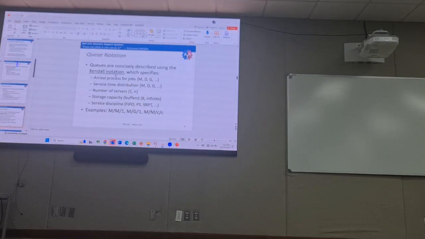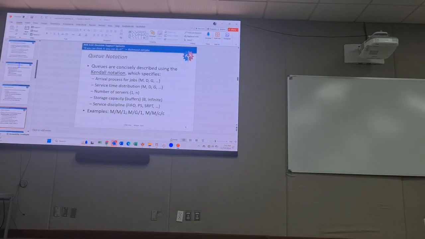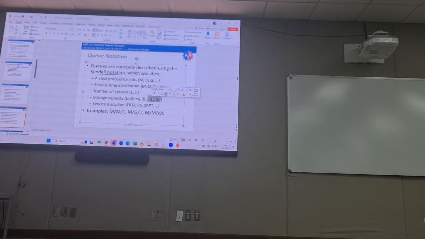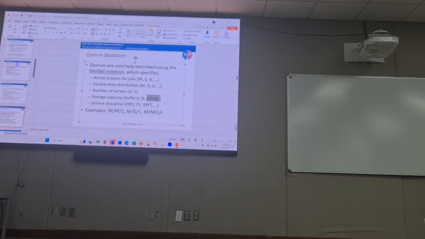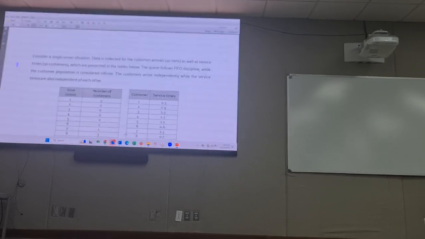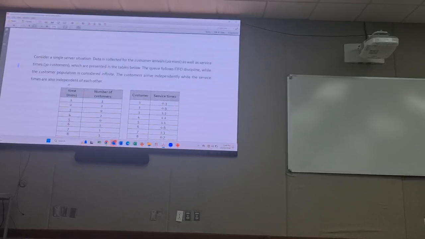So we have a single server, right? And then we have infinite queue capacity, right? Service discipline is first in, first out, right? And then it must have said somewhere that the customers' arrival and service are independent of each other.